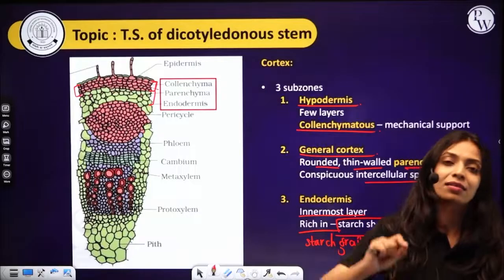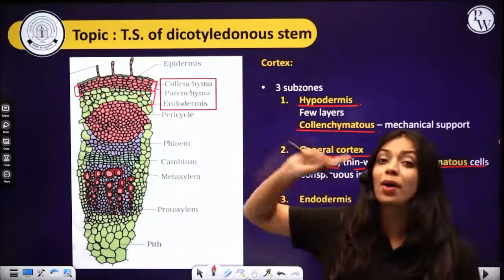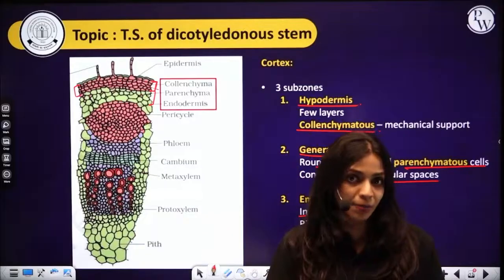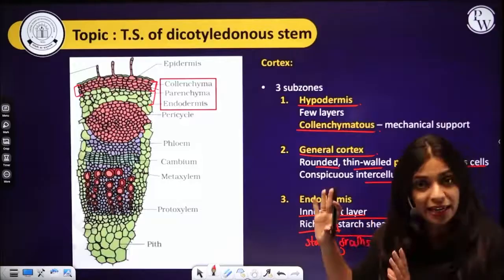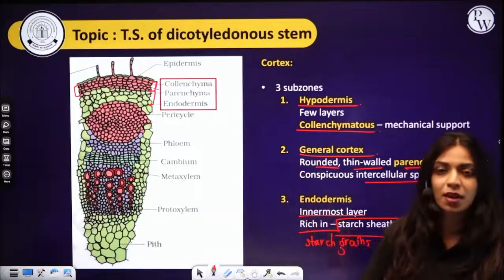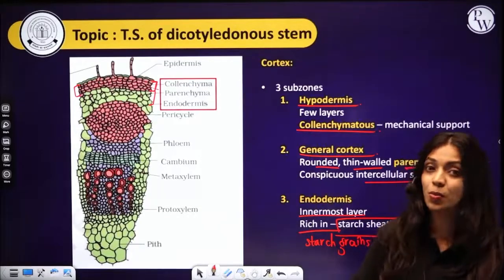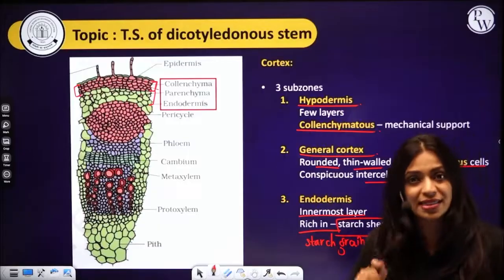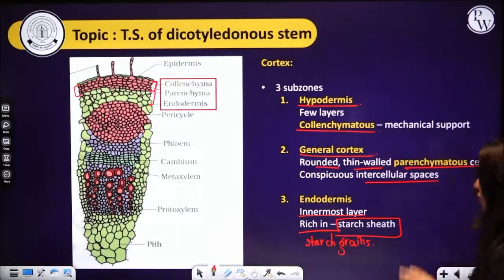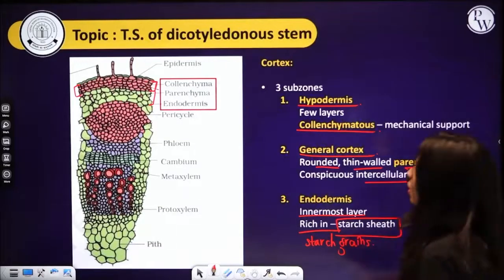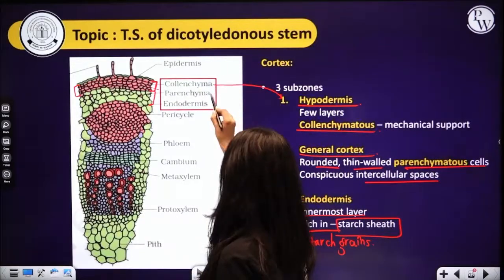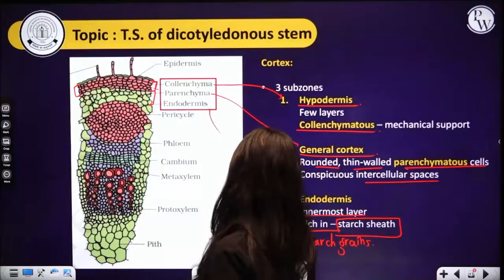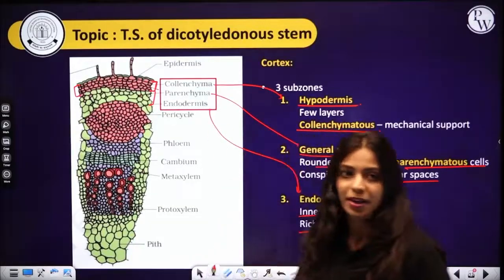The thing in dicot stem about endodermis that you have to remember is the starch sheath. Endodermal cells in dicot stem possess starch grains, which is why it is also called the starch sheath. All right, so that's about the cortex. So collenchyma you have in the hypodermis, parenchyma in the general cortex, and endodermis also is parenchymatous in nature.